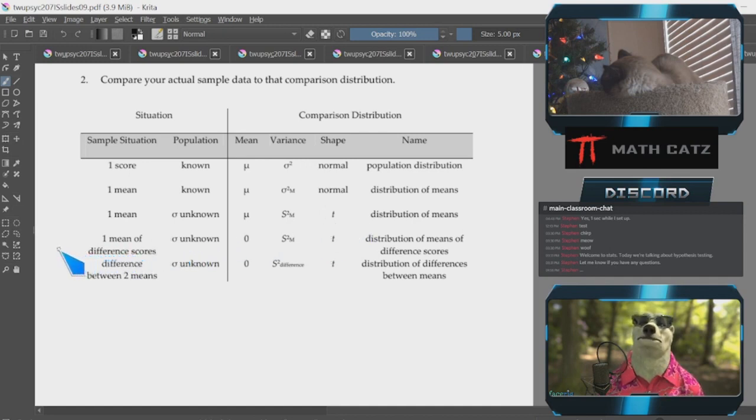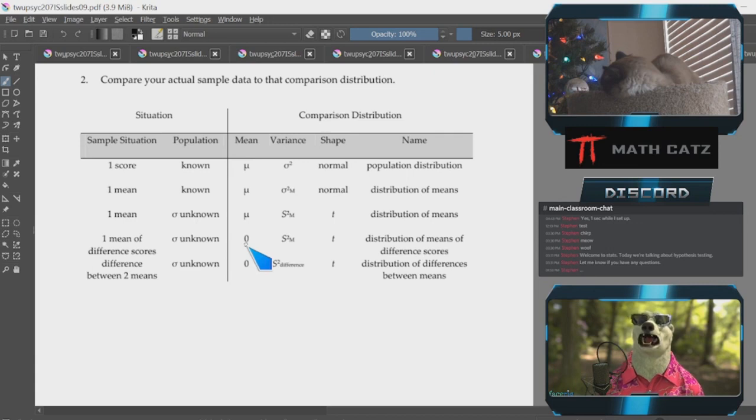Then the alternative is when I have 2 groups, but really 2 versions of the same group, like people taking a test twice. I then go right away to differences, still have to estimate the variance.